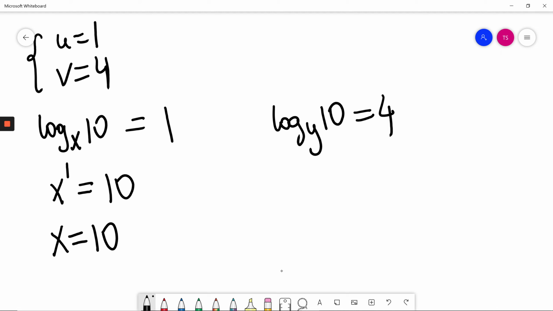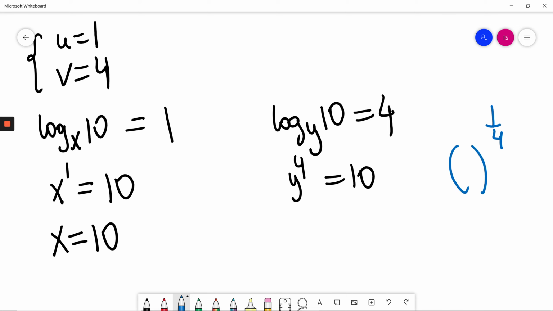In this equation, y to the power of 4 is 10. I just need y. I know that y is positive. So when I put both sides to the power of 1/4, I will have y equal to 10 to the power of 1/4. I'll just write it as the 4th root of 10. Only positive because of the domain.